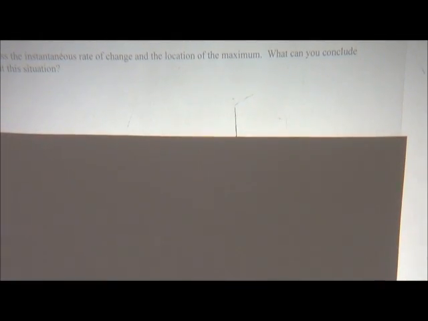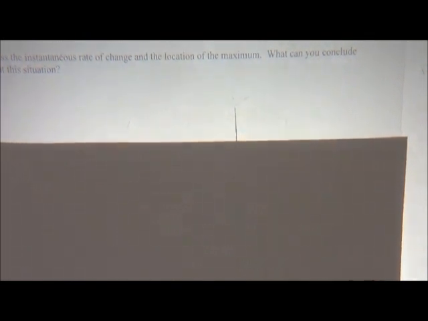So the instantaneous rate of change is 0 at the maximum point.